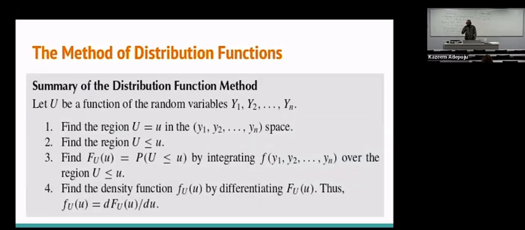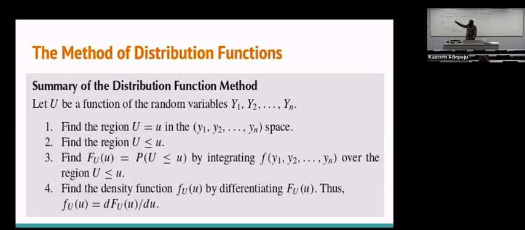Because before in this class I've walked you through the CDF, the idea of the CDF will be used. The moment I get a CDF, when I differentiate the CDF, that will lead to the PDF that I'm looking for. We actually want to come in from the CDF.